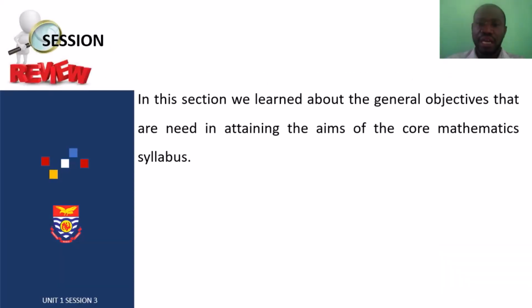So, in this session, we learned about the general objectives. And we said these general objectives are needed to obtain the aims of the core mathematics syllabus. Don't forget one thing: the aims are broader and the general objectives are specific in attaining the aims.